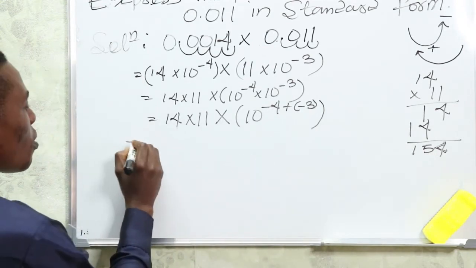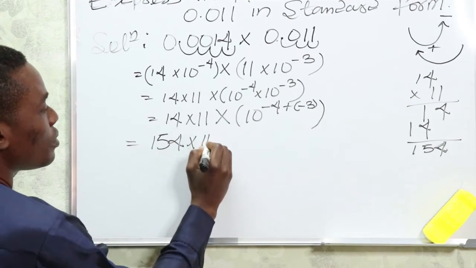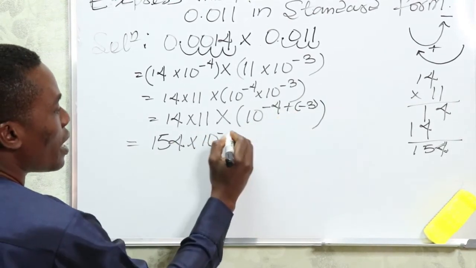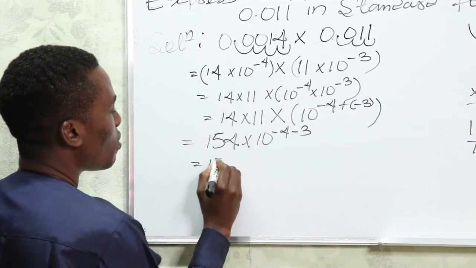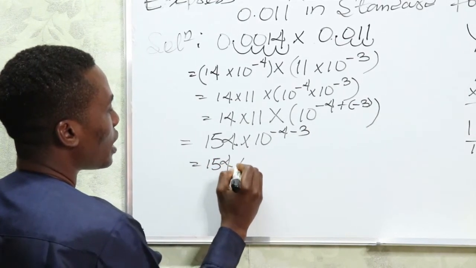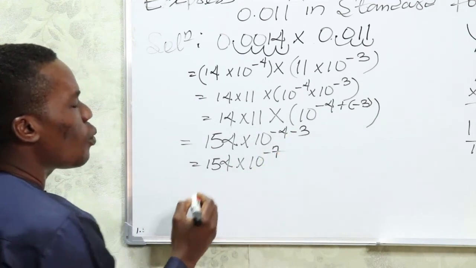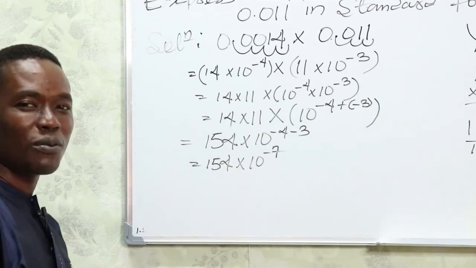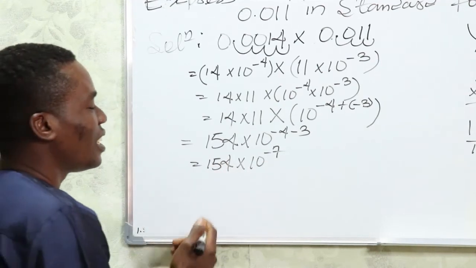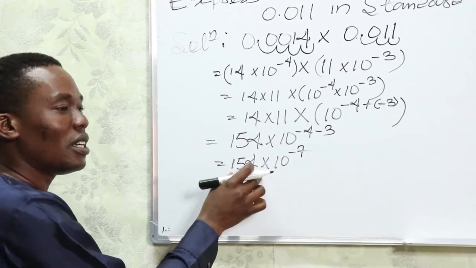Now, taking this 154 here, we'll have 154 multiplied by 10 raised to power minus 4 minus 3. This will be equal to 154 times 10 raised to power minus 7. So now we need to convert this 154 to standard form, just as we did initially. Remember it's a positive number, it's a whole number.